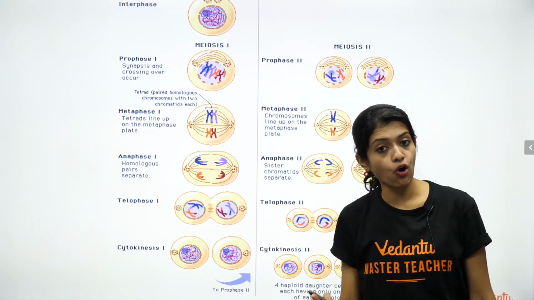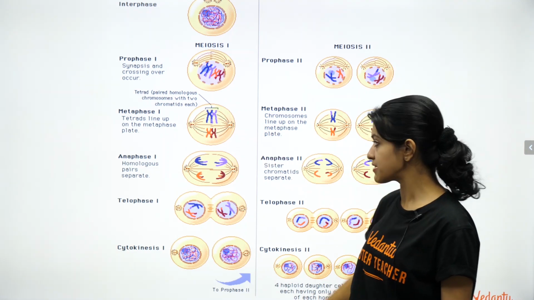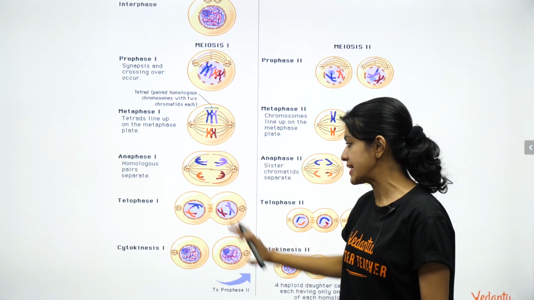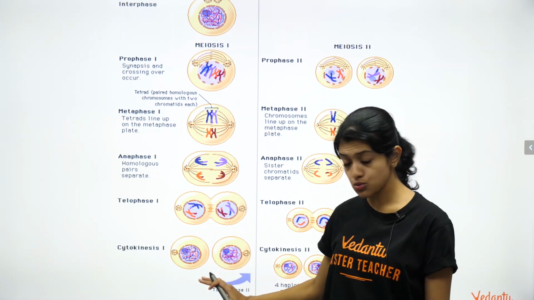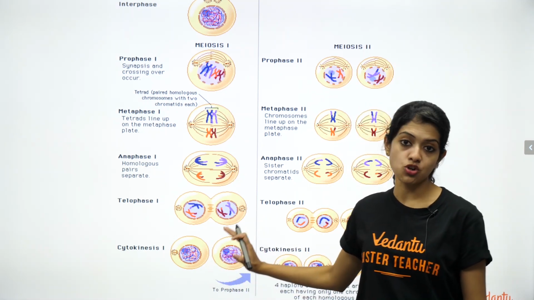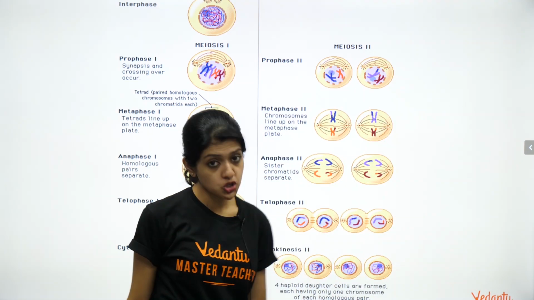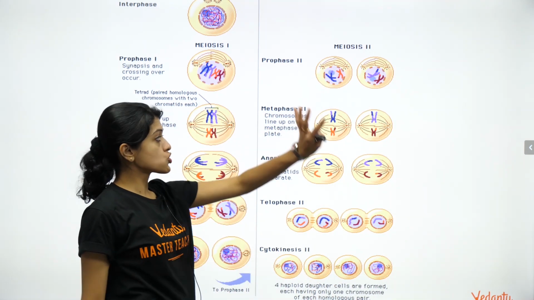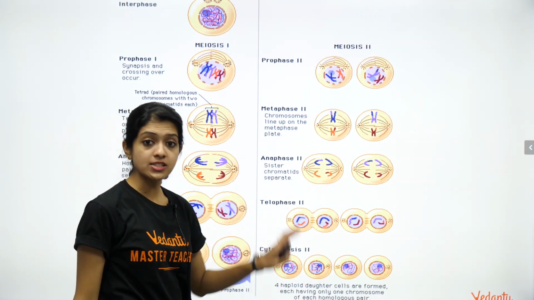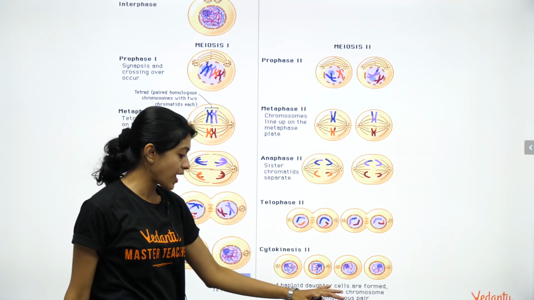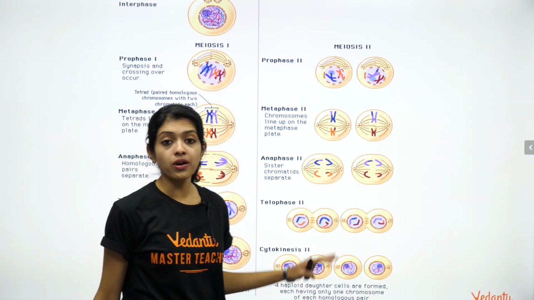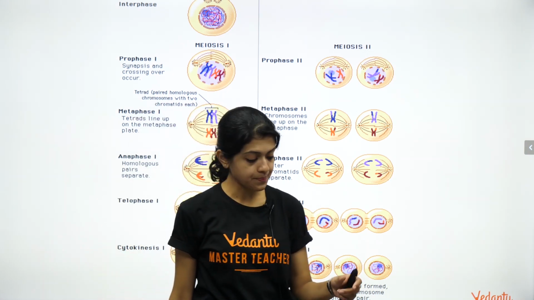It is still a diploid parent cell. And then metaphase 1, anaphase 1, telophase 1, cytokinesis 1, wherein reduction has already happened, and these two cells enter into meiosis 2, prophase 2, metaphase 2, anaphase 2, telophase 2, and finally we have 4 haploid daughter cells.